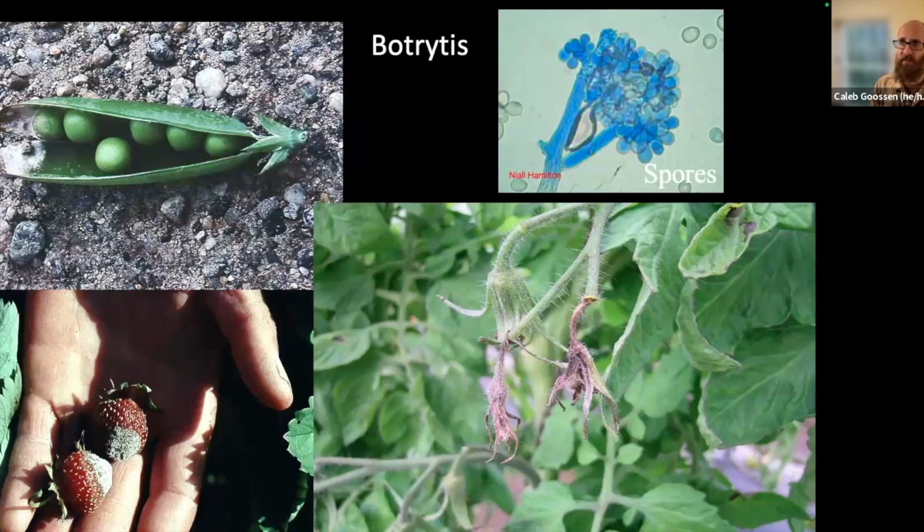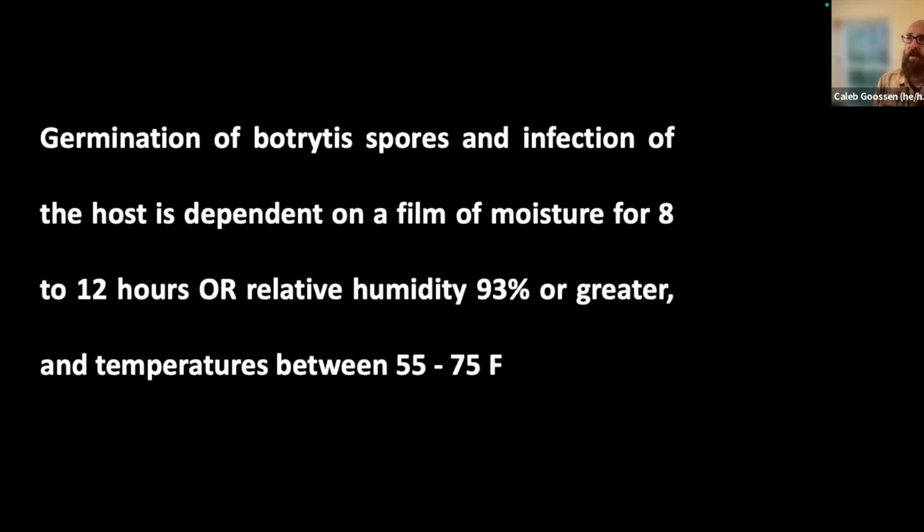So botrytis is a very common disease, often called gray mold. It infects lots of different crops, so you can't rotate your crops to get away from it. It also overwinters almost everywhere. So it's around, but your entire garden doesn't go down to gray mold every year.